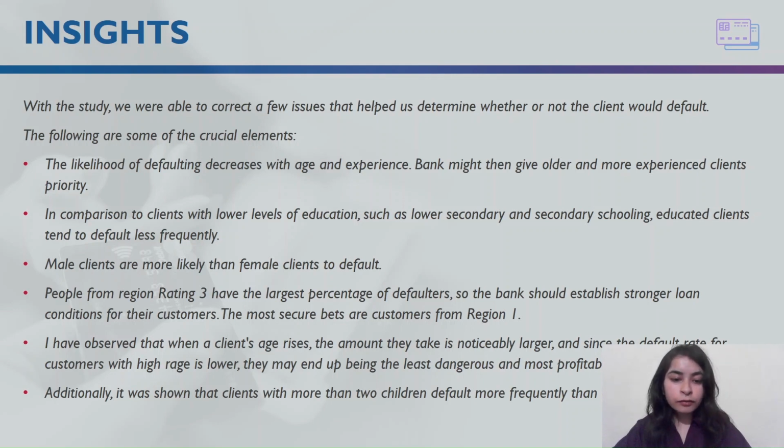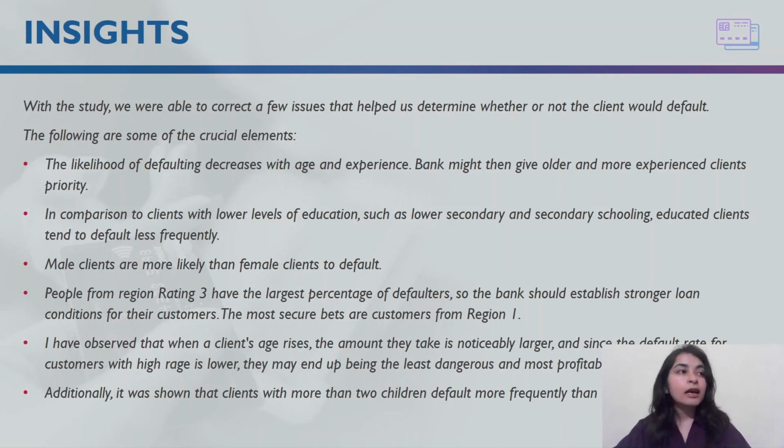I have observed that when a client's age rises, the amount they take is noticeably larger. We see it in the credit amount, that as the age is rising, the amount is also increasing, and since the default rate for the customers with high age is lower, they may end up being the least dangerous and most profitable clients.